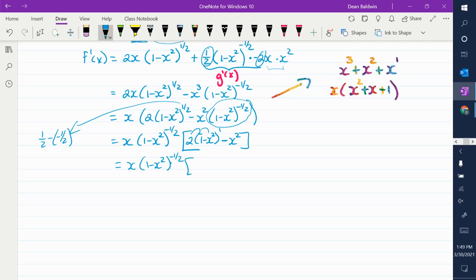So if I dump the 2 in, and then you can collect your like terms in there. So this is correct. Can anybody see any other way I could just make that a little bit better?